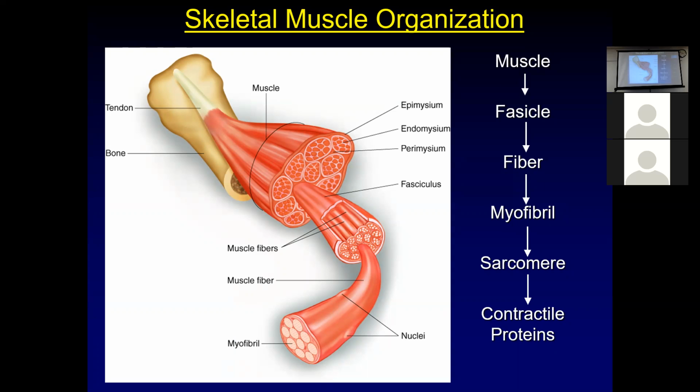All right. As we look at all of this, we're not going to spend much time on the whole muscle. We're not going to spend really any time on a fascicle. We're going to spend the vast majority of our time talking about fibers and sarcomeres, and then the individual contractile proteins that make up those sarcomeres, okay?